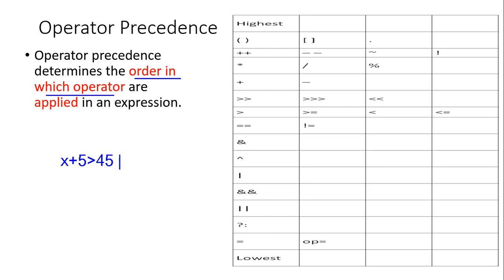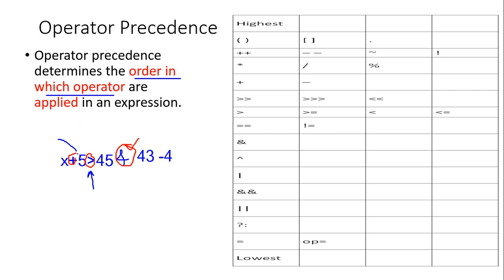Suppose you have something like x plus 5 greater than 45, and I can print it, with 34 minus and so on. In this case, which one will be taken up first? Whether the bitwise operator, the relational operator, and so on. There is an order in which these operators are applied.